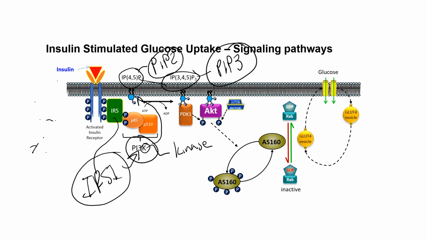Okay, so PI3K phosphorylates PIP2 and turns it into PIP3. And PIP3 essentially is now this active protein that's going to start doing some more. It's actually going to recruit this other protein that's going to be very important to the pathway. So let's talk about that now.